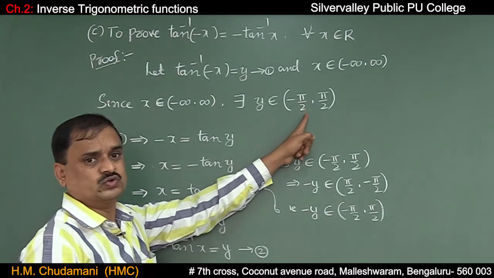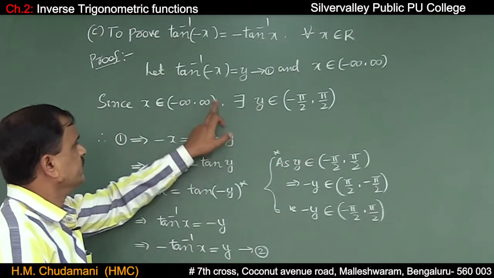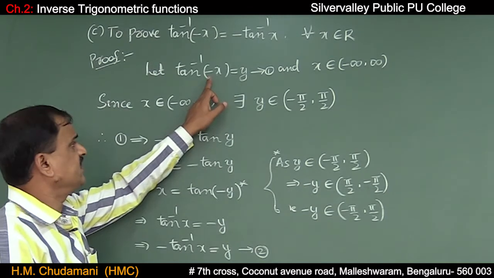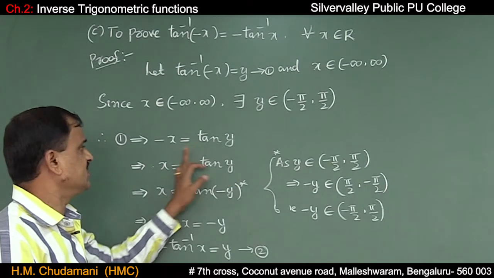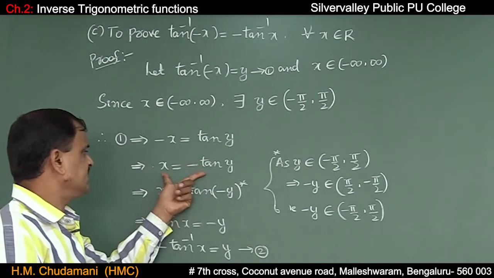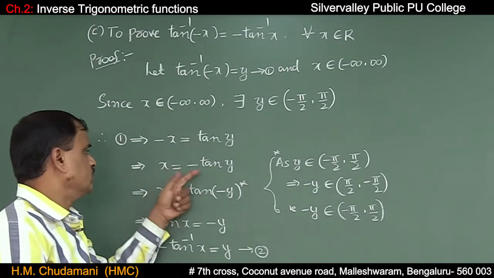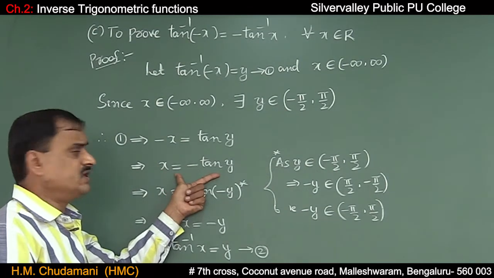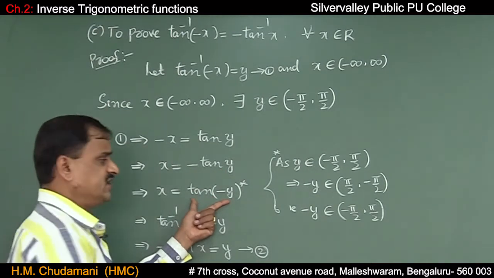Y belongs to minus pi by 2 comma plus pi by 2. Now the equation 1 can be written as minus x is equal to tan y. Multiply with minus sign, so minus of minus x, that is plus x, is equal to minus tan y. Minus tan theta can be written as tan of minus theta.